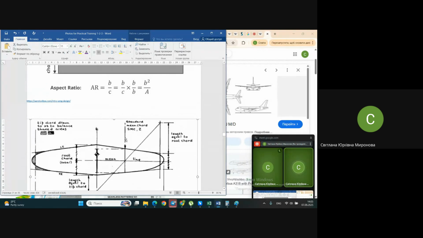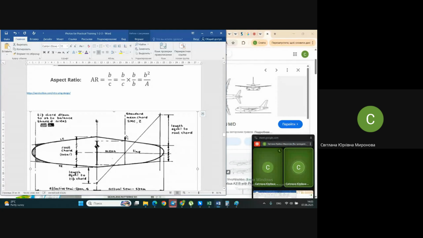Once again, why this mean chord may be necessary: in case you have a non-straight wing and you need to analyze some parameters of wings, for instance to calculate the span, or the aspect ratio of the wing, in case you have no exact information about this. And in some of our calculations, the mean value of chord is also necessary.